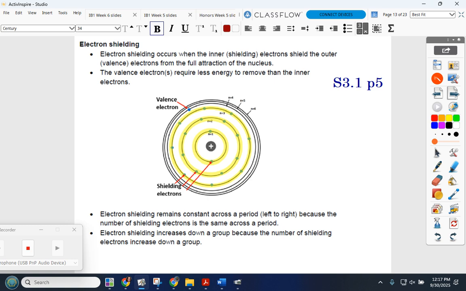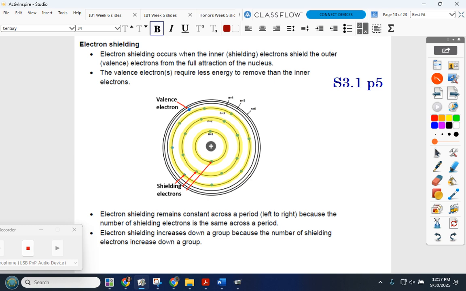Yeah, there's probably some effect there. But I think, based on the data that we see, we're still going to see an increased force of attraction as we go across, regardless of whether we're looking at period 3 or period 6.